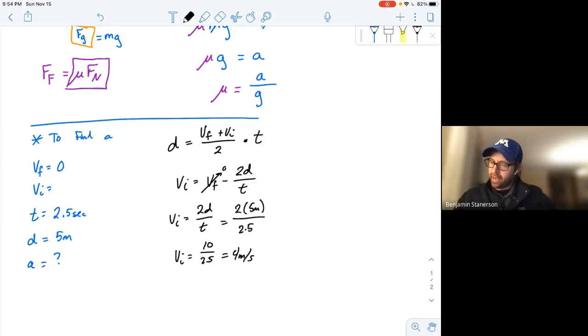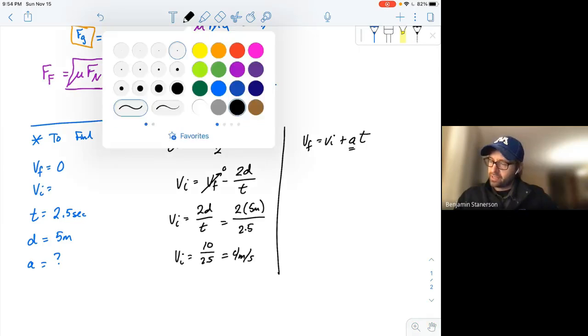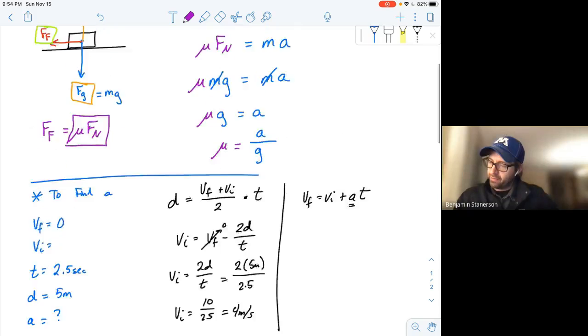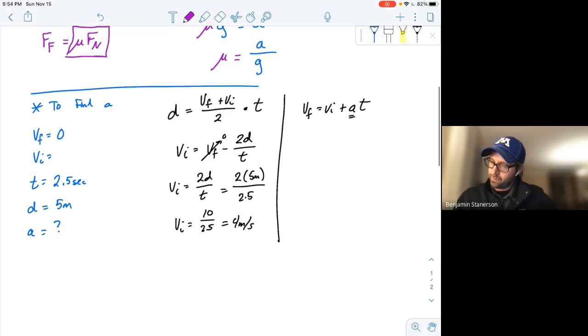Okay, now that I know that information, I can work backwards, and now I can find A. And I'm just going to use an easy equation for this because I know that VF is equal to VI plus A times T. I'm trying to solve for A, so now I can simply plug in what I know. The VF goes to 0. That's 0.